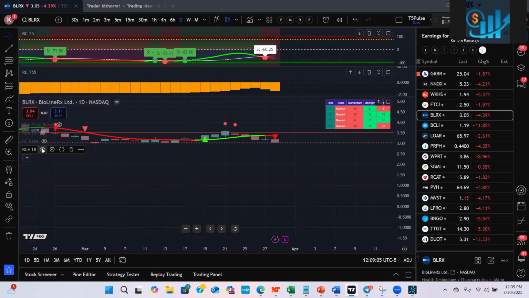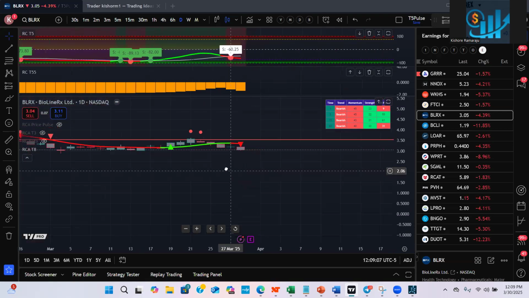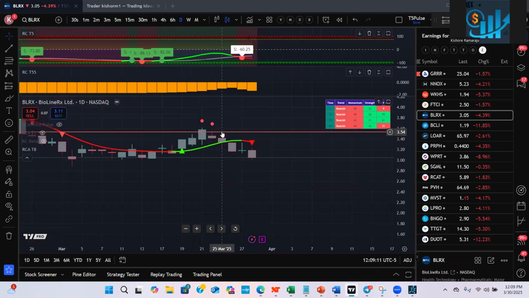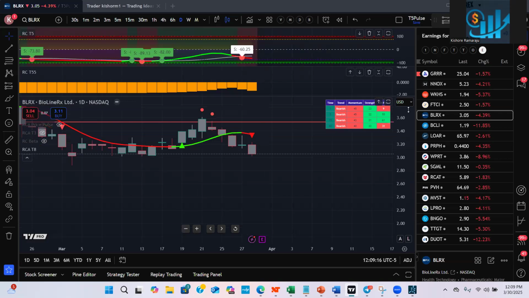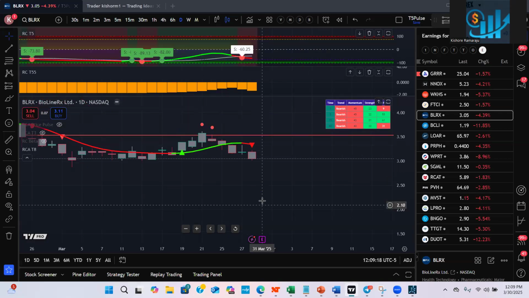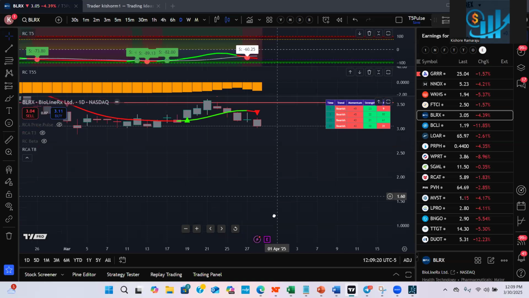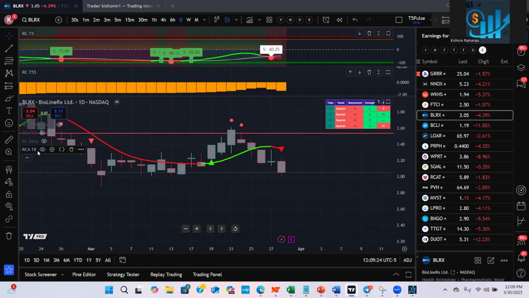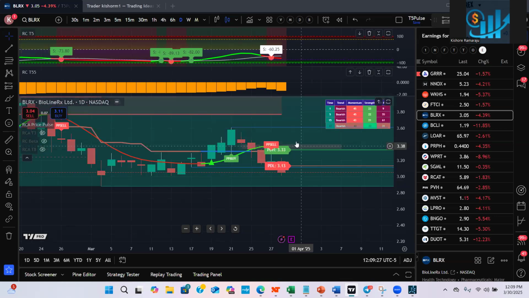Okay, now if I go to T8 indicator, it is showing that it went to the resistance. It is close to a resistance and there is no strong support close by. So again, there is a high possibility for a drop.